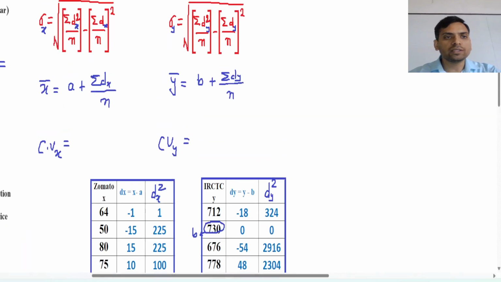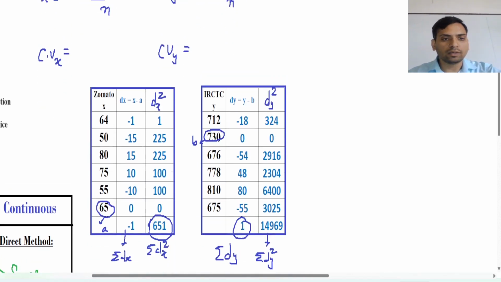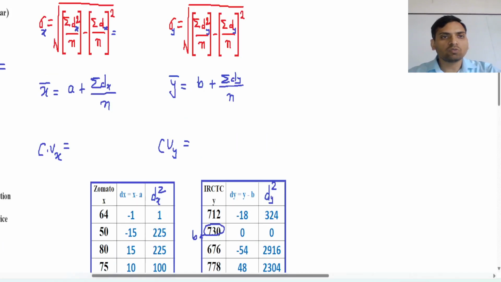Now you will put in these two formulae. So you will see this first summation dx is minus 1, and summation dx square is 651. So we will put 651 here, and number of observations are 6, minus summation dx square, which is 1, divided by 6, and then we will find its under root.